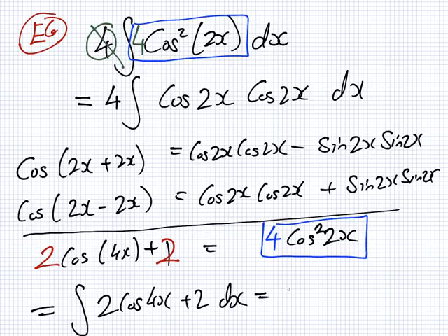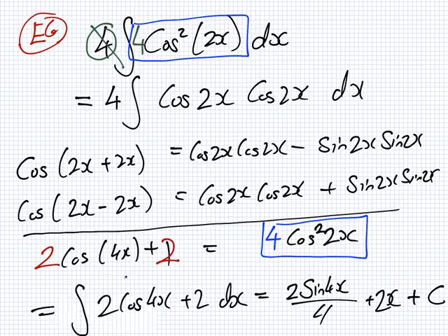So cos becomes sine, and we divide by 4, and 2 becomes 2x plus c. So what I did here was I used the compound angle formula instead of using the integration by parts formula. In other words, I simplified the integration into something which is not really special.